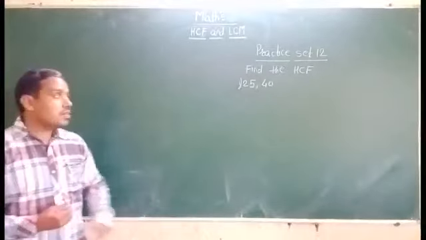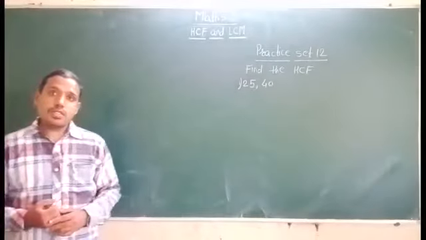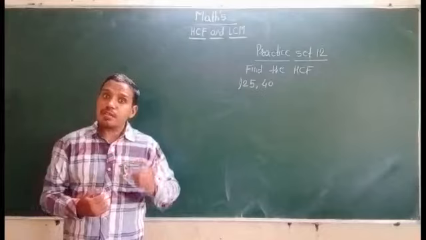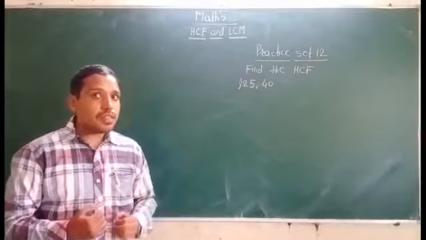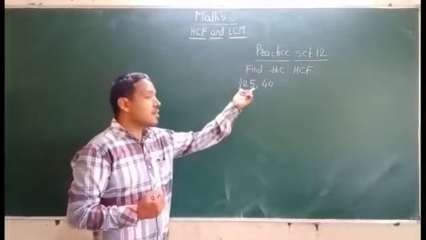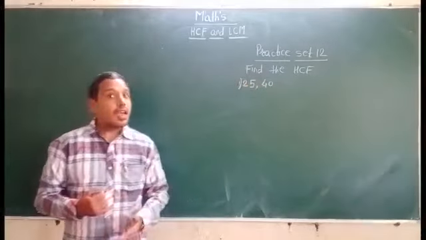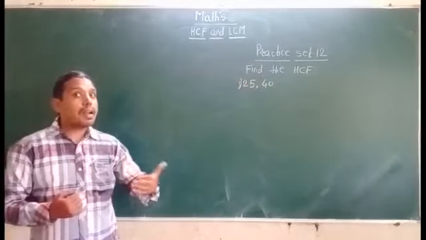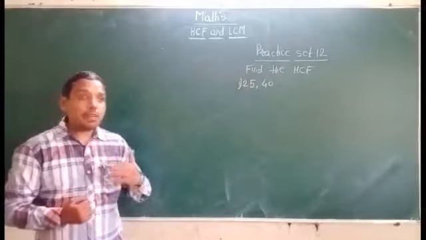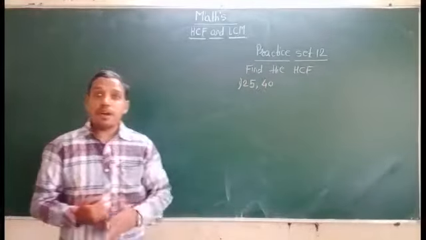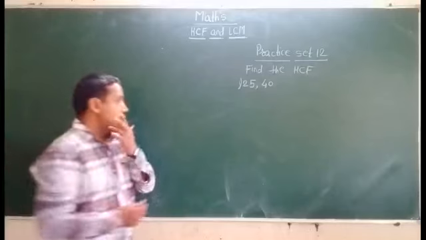How can we find it? By using the prime factor method. Prime factor method means we get the prime factors of 25 and of 40, and according to those prime factors, we find the HCF of the two numbers.